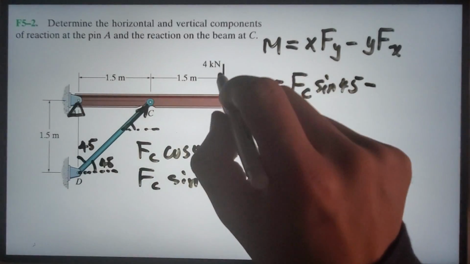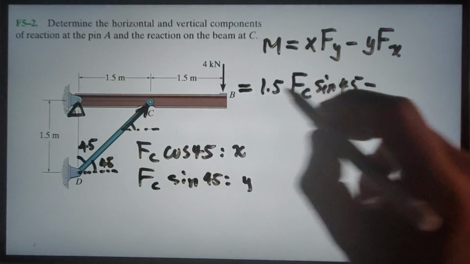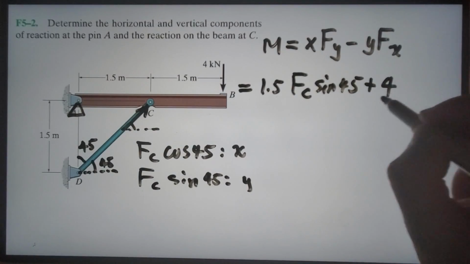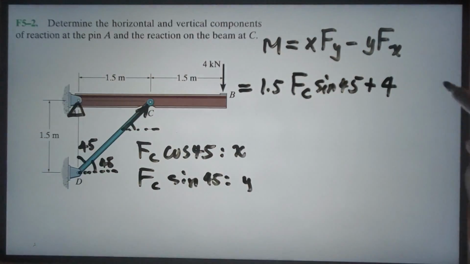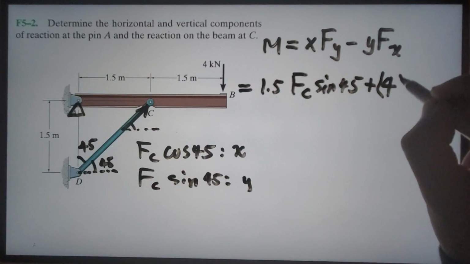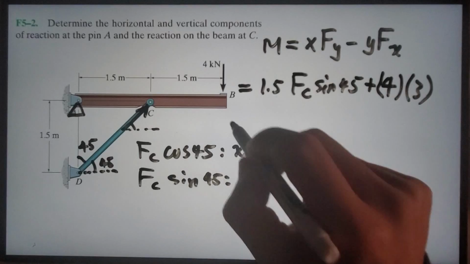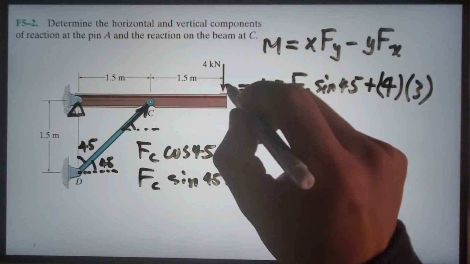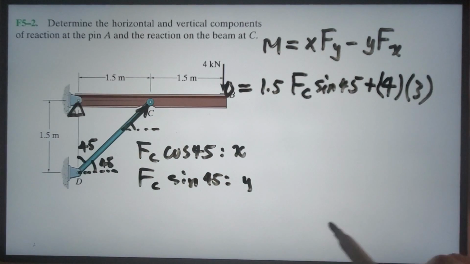And then we add another moment to it that is done by the 4 kilonewton, so plus 4 kilonewton times the arm length over here, that is 1.5 plus 1.5, so that is 3. Because it's at equilibrium, the sum of the moments will be equal to 0.